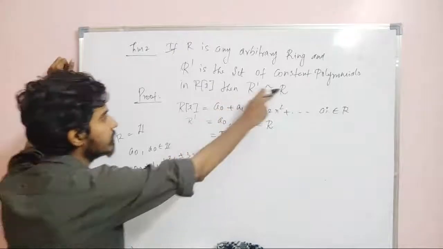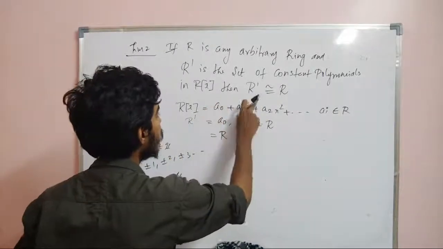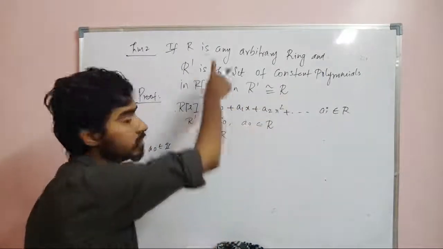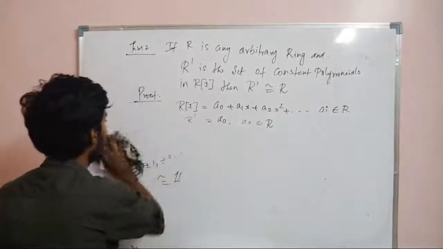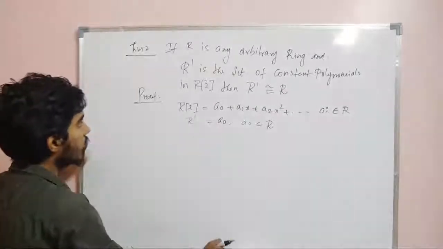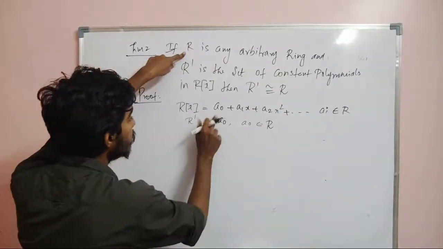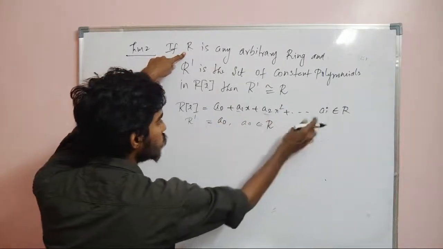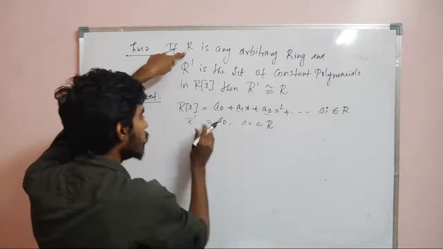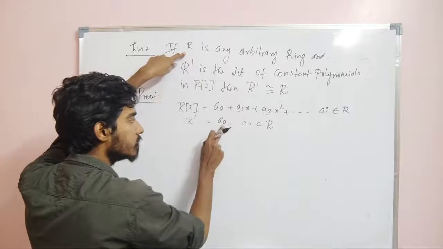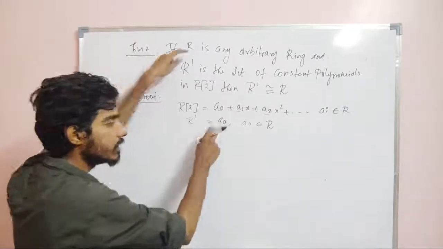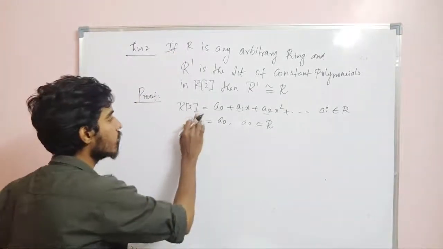The set of all constant polynomials in R[x] is isomorphic to R. R is the ring that we are choosing, right? It's a very natural result. So whatever ring we are choosing, here we are varying these coefficients to be in the ring R, and if you take only the constant polynomials and vary this element to be in R, then you will get the entire R. So therefore these two are isomorphic.